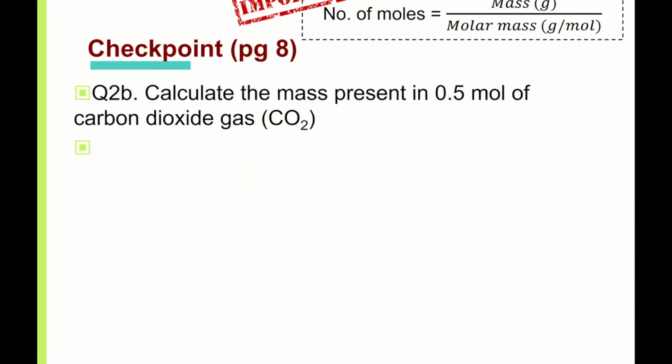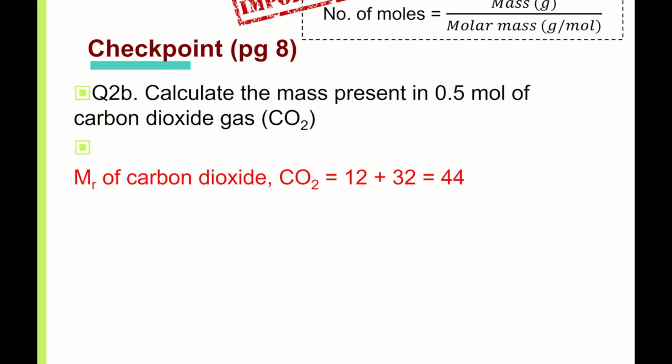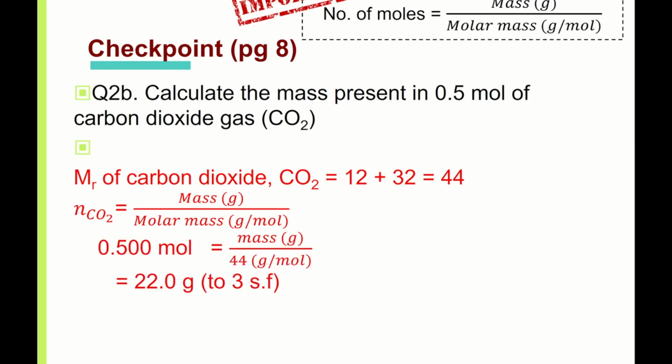3SF. Likewise, carbon dioxide. The formula is given to you, very nice, but you should remember CO2 is 12 plus 32, 44. So 1 mole is 44 grams. You're given half a mole, so half a mole is only 22 grams.